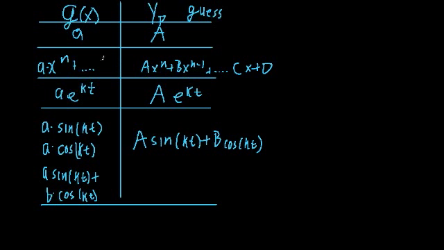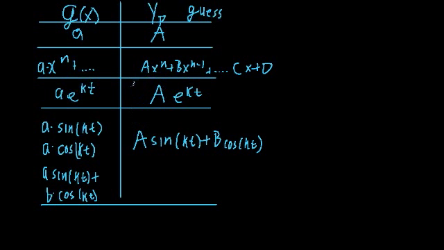But if g of x is an exponential, then you should guess a scaled version of that exponential with the same exponent. And if g of x is sine or cosine or a sum of sine and cosine, then you should guess a constant times sine plus a constant times cosine. And these are the three major classes of non-homogeneous terms you'll see: polynomials, exponentials, and sinusoids.